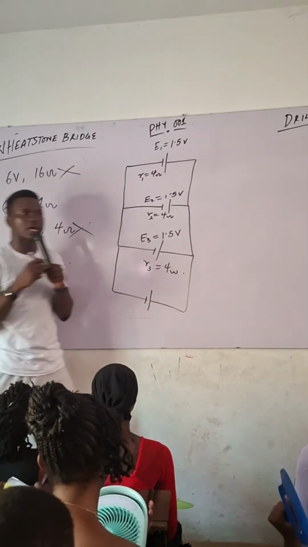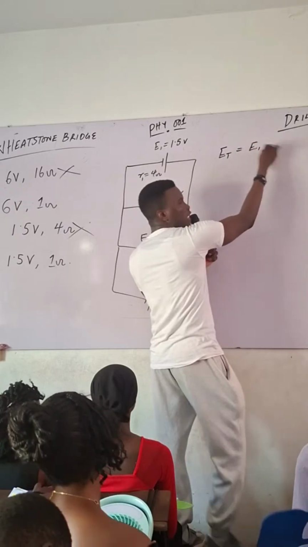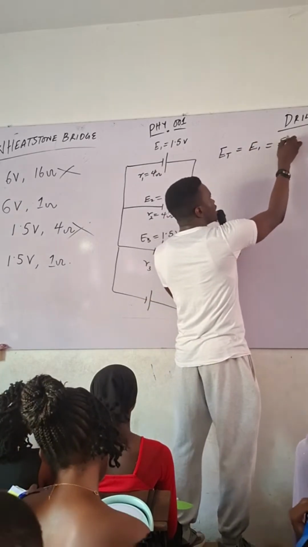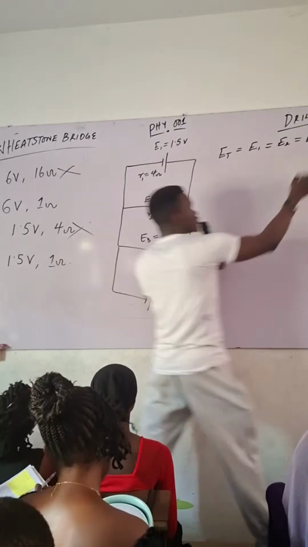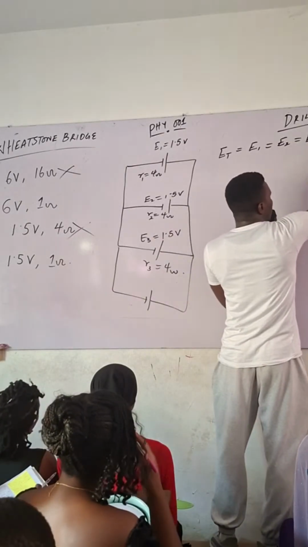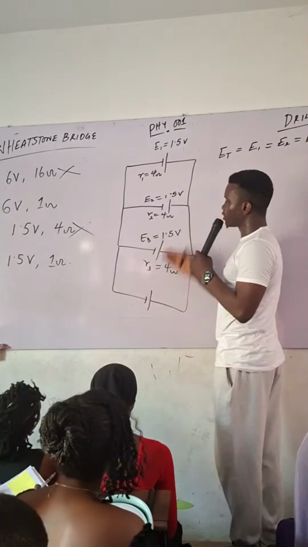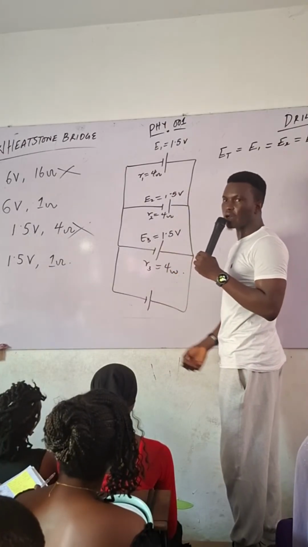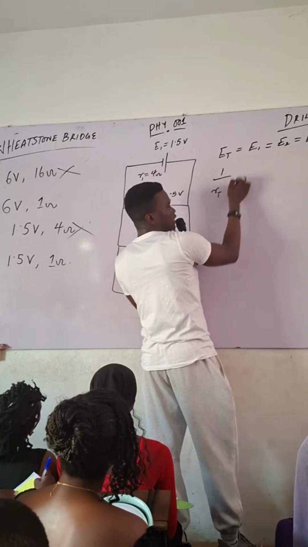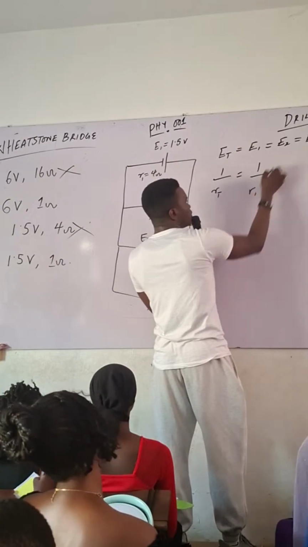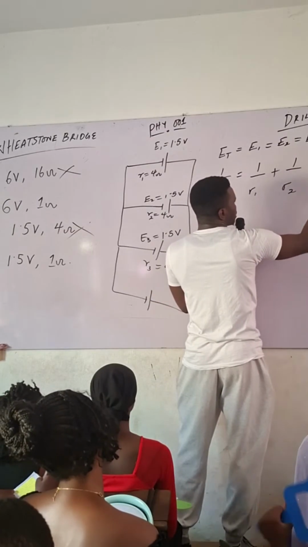I told you that E total is still going to be equal to E1, any one of them: E1 equals E2 equals E3. So my E total is still 1.5 volts. That's the answer. Then, all of them are connected in parallel, so 1 over R total equals 1 over R1 plus 1 over R2 plus 1 over R3.